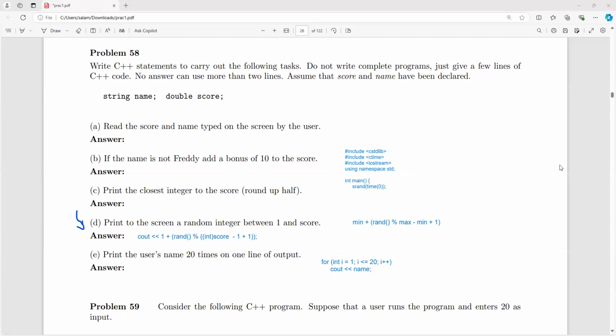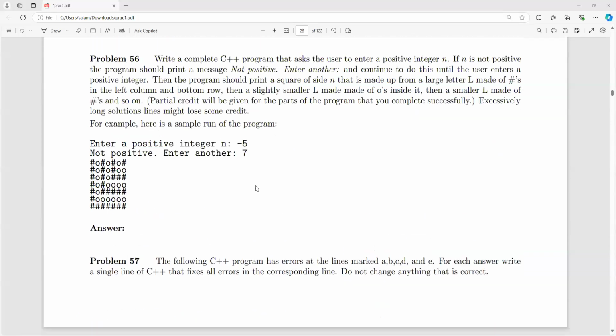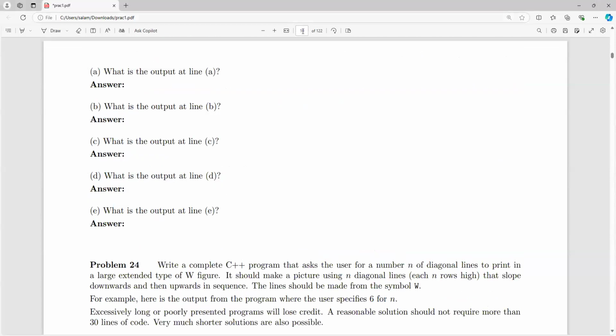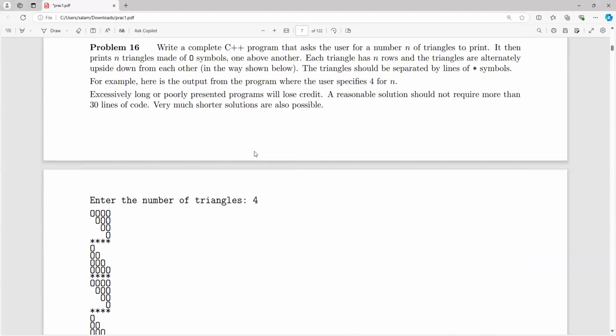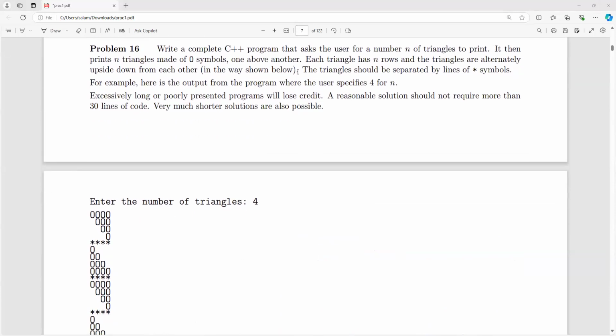Do we have time for question 16? Question 16. C++ and symbols one above another. Each triangle has rows.